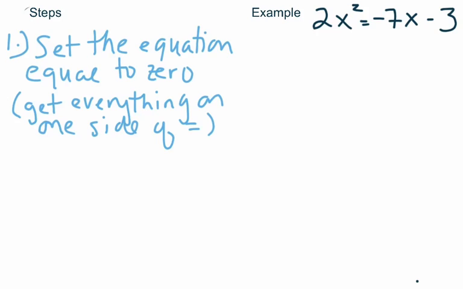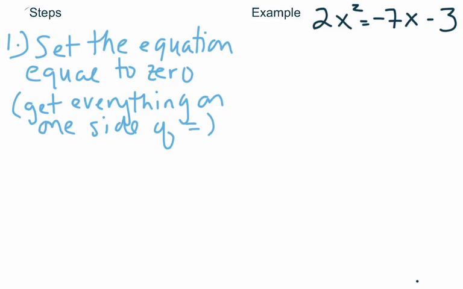I strongly recommend that you get everything onto the side where your A value is going to be positive. So you really want to keep that 2 positive. You could subtract 2x squared from both sides, except that's going to give you a negative 2x squared on the right hand side, and that is something that we usually try to avoid.